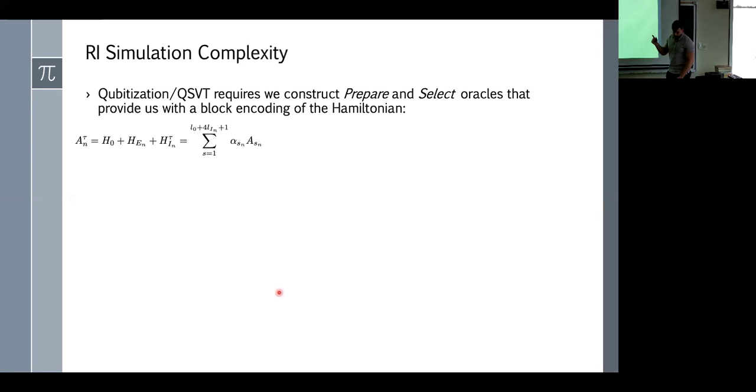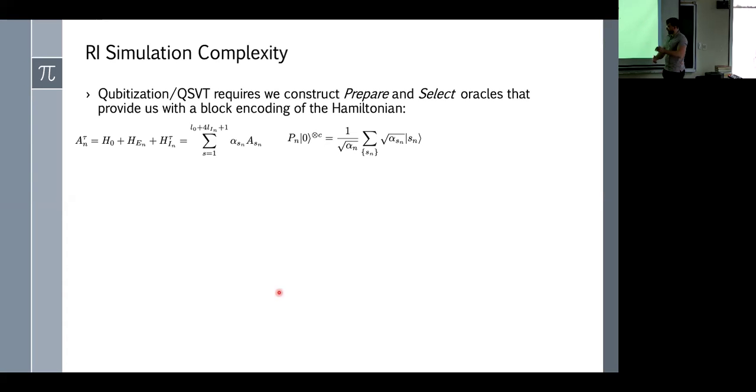So it's a time dependent operator, or it's parameterized by time. And we're writing this sum as each A_n being a unitary operator, with some coefficient in front of it. So now we have these oracles, prepare and select. One is going to encode all of these alphas, the coefficients, on some state.